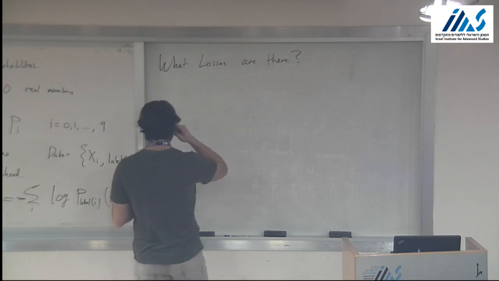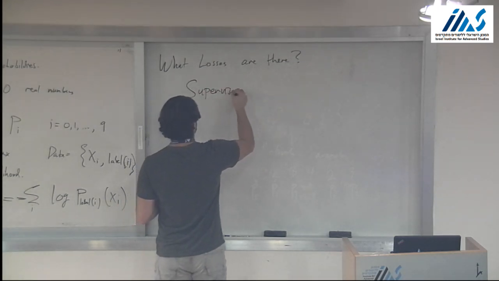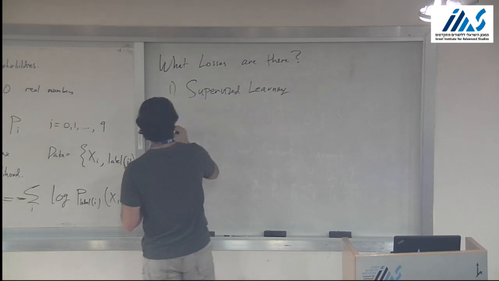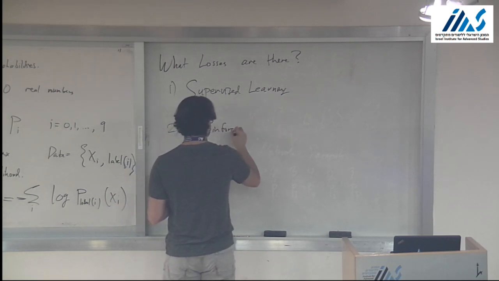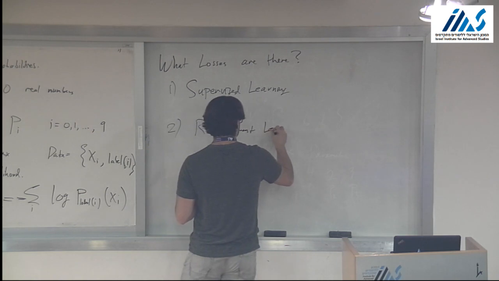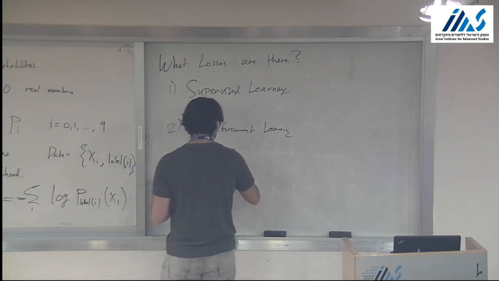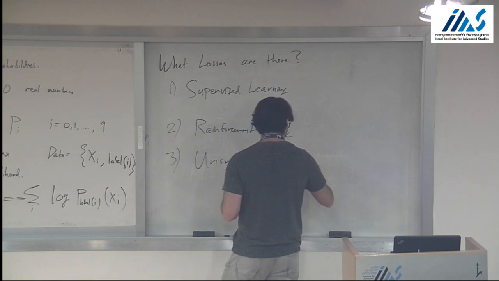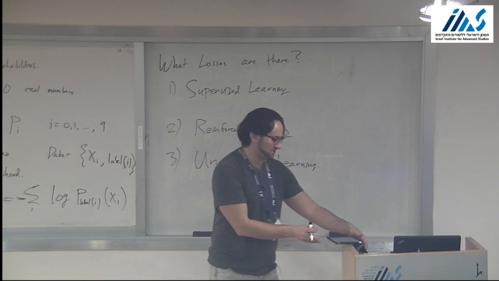Well, this is sort of this division in machine learning between supervised learning, reinforcement learning, and what's called unsupervised learning. So these are three different categories.